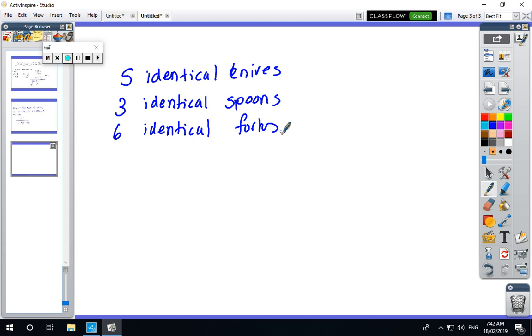The question is, how many ways can these be set up in a line? How many ways can these be ordered?